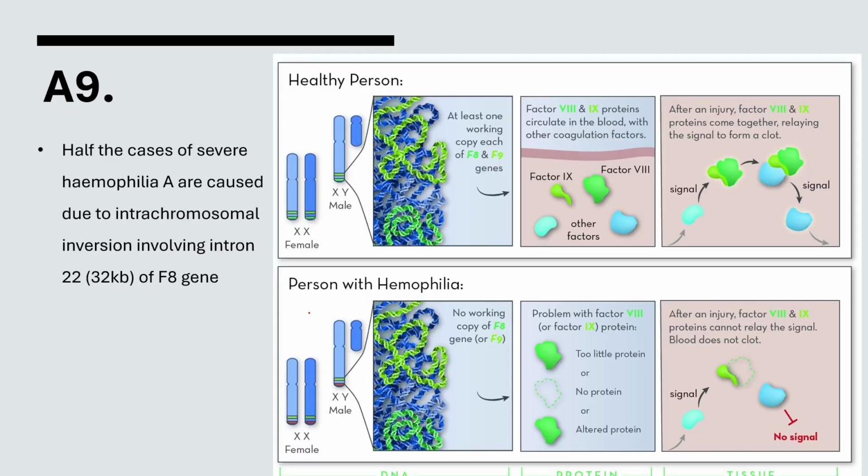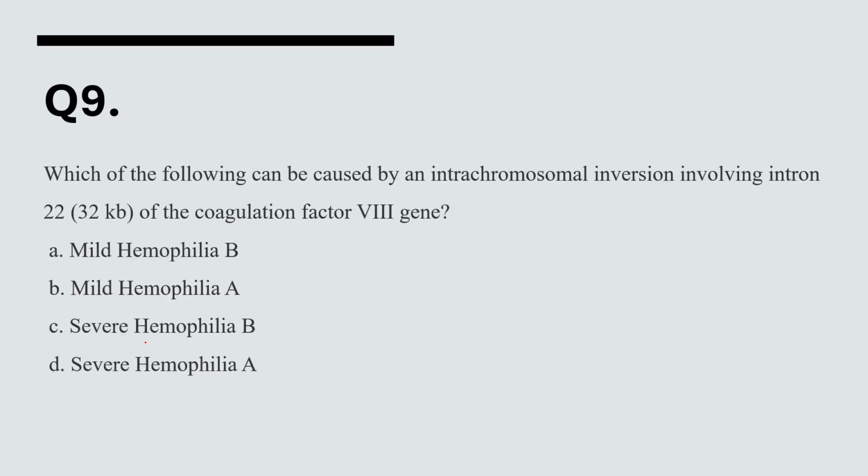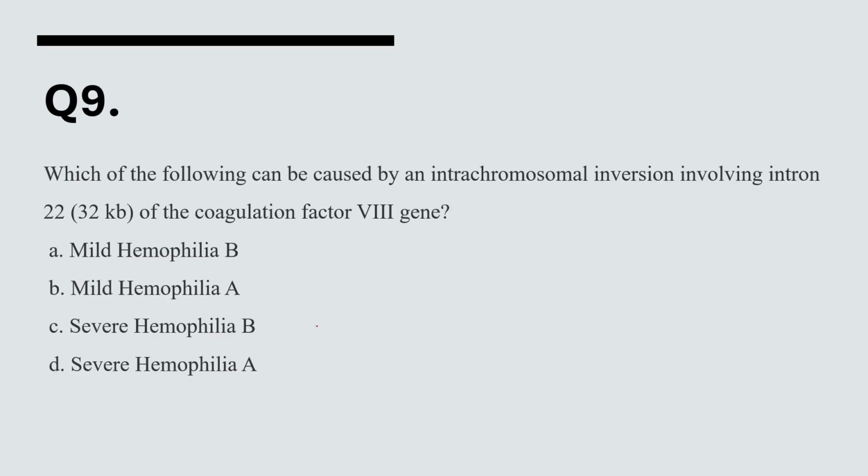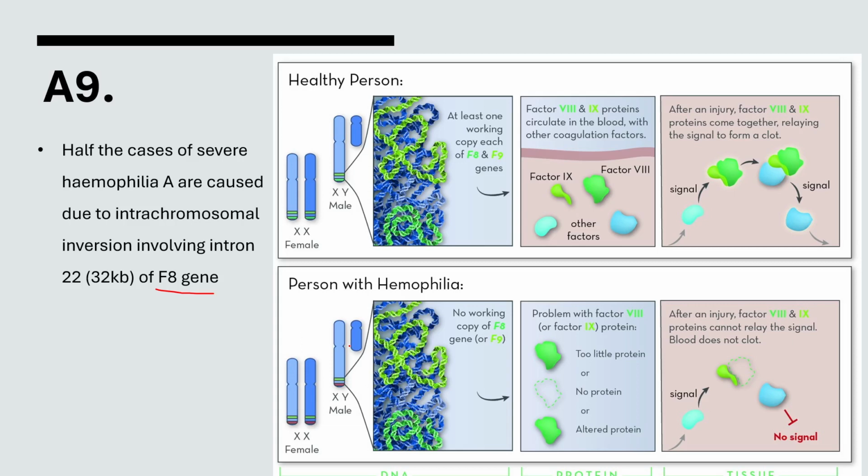Okay, then let's discuss. Half of the cases of severe hemophilia A are caused by an intrachromosomal inversion involving intron 22 of the F8 gene. So this is your answer, severe hemophilia A. And I guess we discussed it just a few minutes ago.